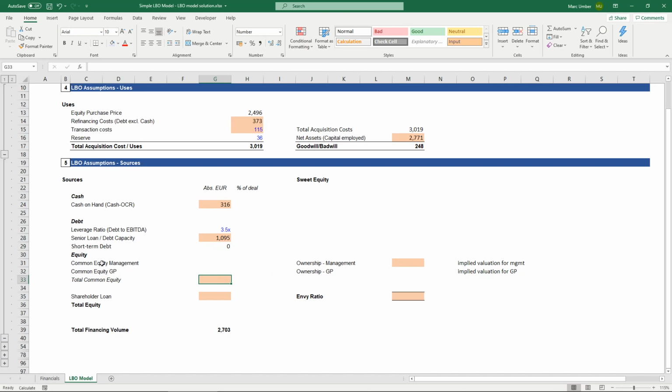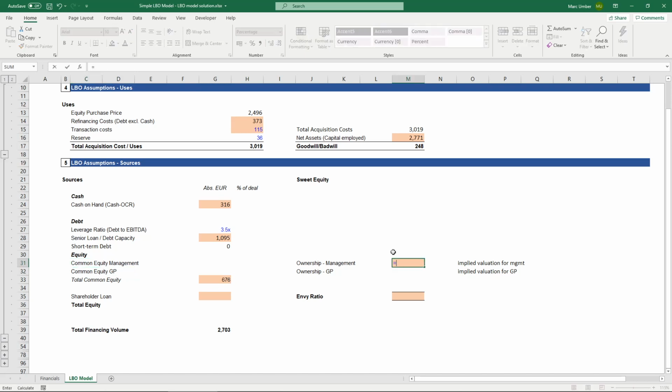Now, in terms of the common equity, we know that there is a maximum of 25% that common equity should not exceed in terms of a fraction of total financing volume. This is 676. This will be split by the general partner and the management.